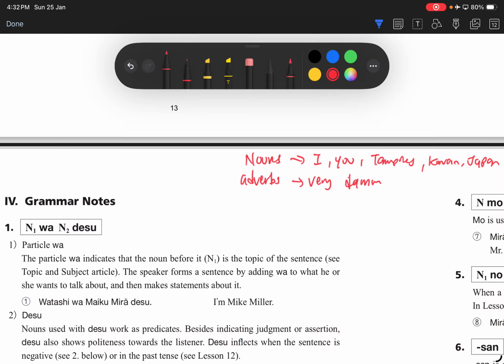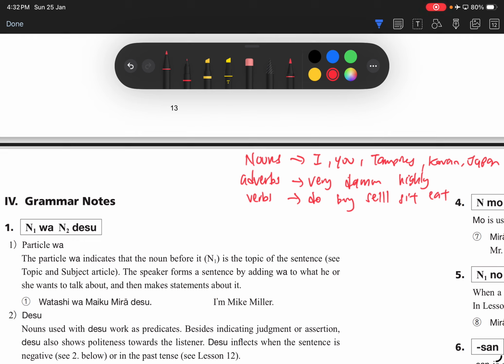For example, highly recommended, that kind of thing. So these words are called adverbs. We also have verbs. Verbs are action words, like whatever we are doing, for example do, buy, sell, sit, eat. These are what we call verbs.